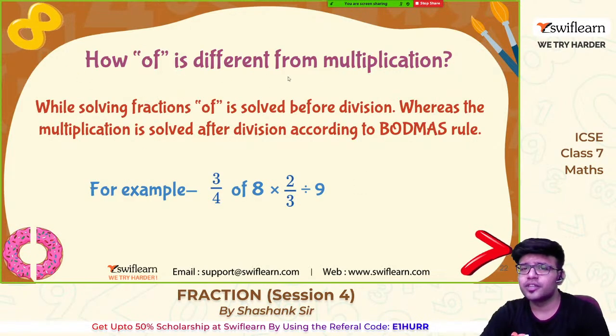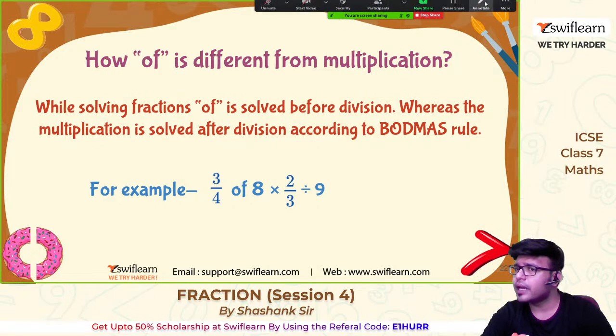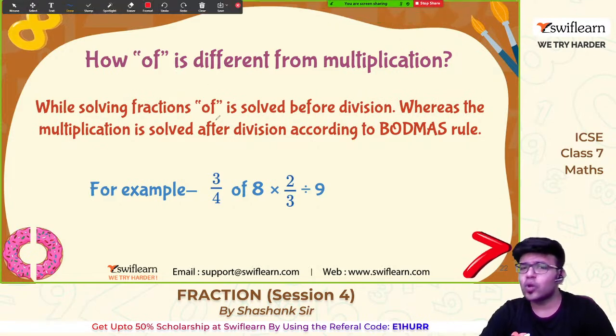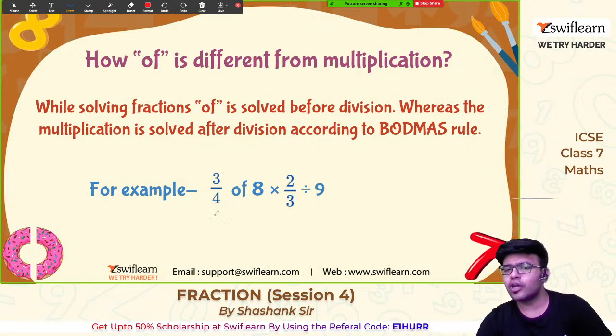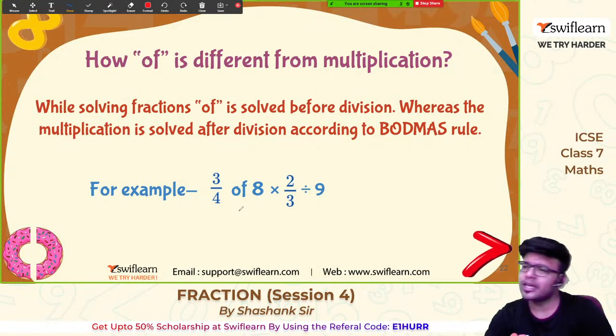How is "of" different from multiplication? While solving fractions, "of" is solved before division, whereas multiplication is solved after division according to the BODMAS rule. If we are using "of", solve before division, and if we are using multiplication, solve after division.